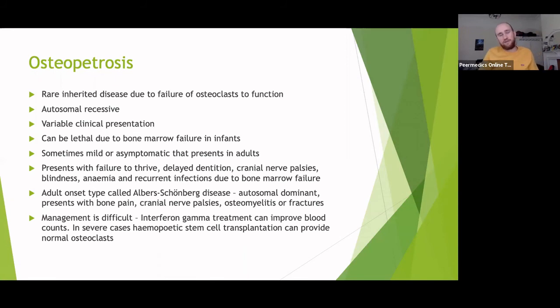I don't really know. I definitely don't think I knew about this for finals, but it's just there. So you might also hear of it being called Albers-Schönberg disease in adults, which is slightly different, but presents with a similar sort of presentation.